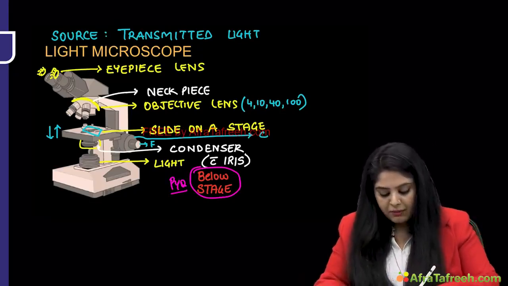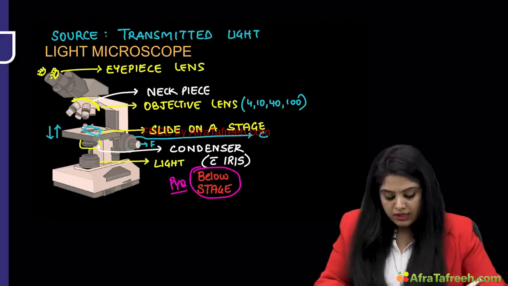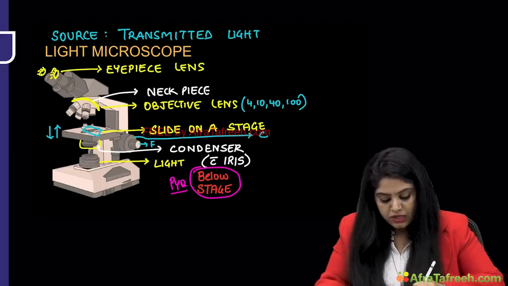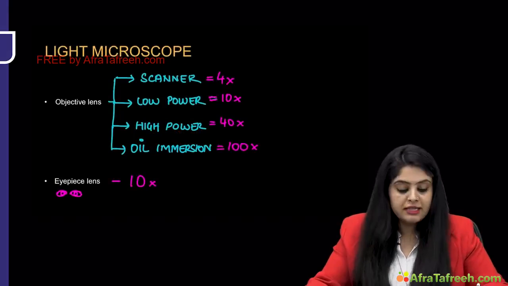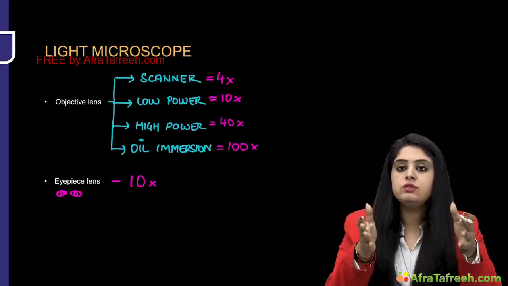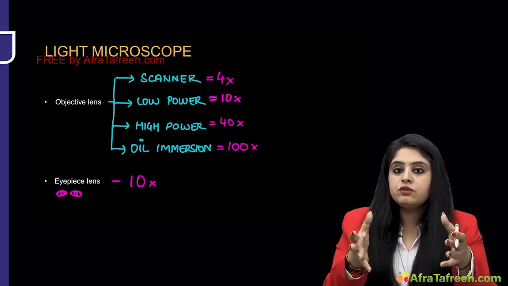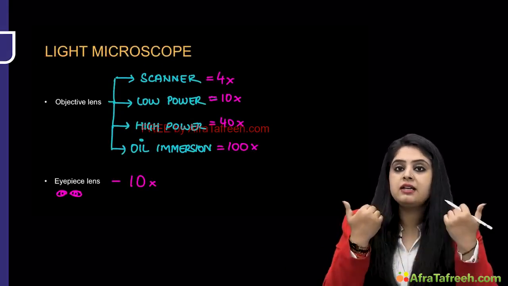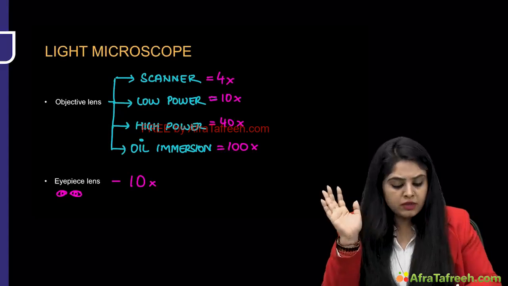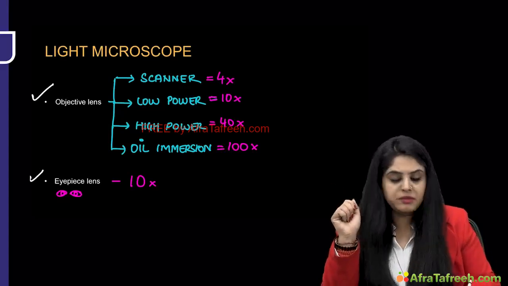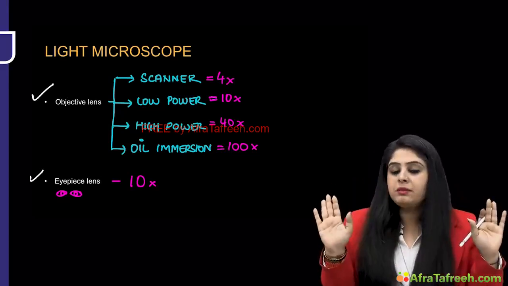Having said that, coming all the way back, now let's look at what is left that I had to teach you. You just don't have to learn this. At the end of the day, when you're looking into a microscope, everything that you've seen is getting added and coming onto you. So you are not bothered whether you are getting the magnification of the objective or the eyepiece. At the end of the day, you are going to see a magnified image.